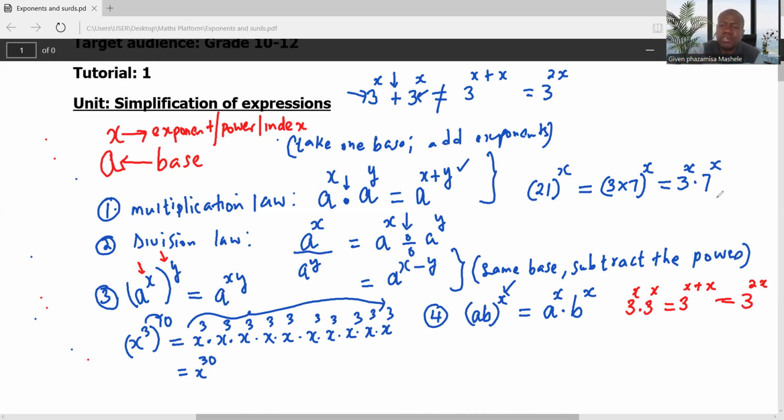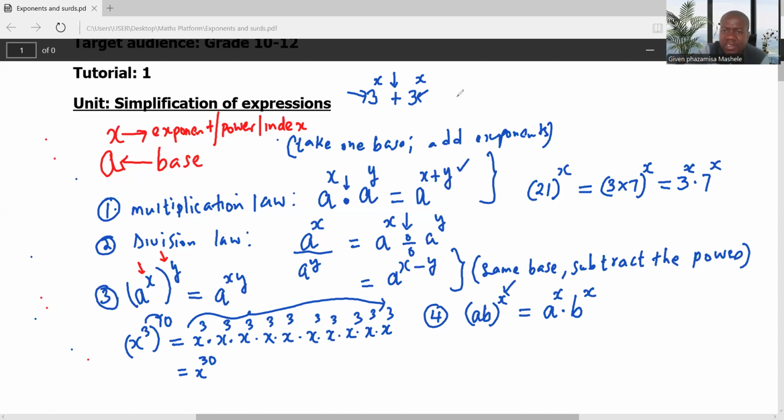All right. So these are the types of laws that you need to know whenever you are dealing with exponents. This is a misconception that I wanted to address, because most learners do this and it's wrong. The correct answer here is that we have 3 to the exponent of x plus 3 to the exponent of x.